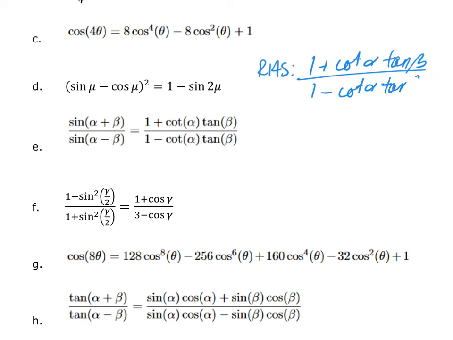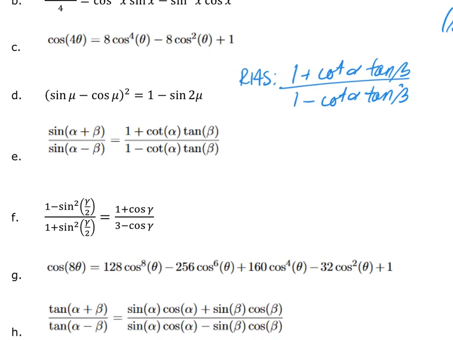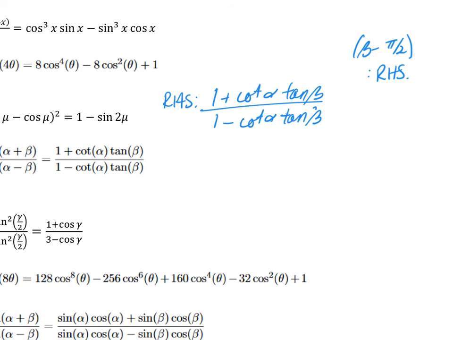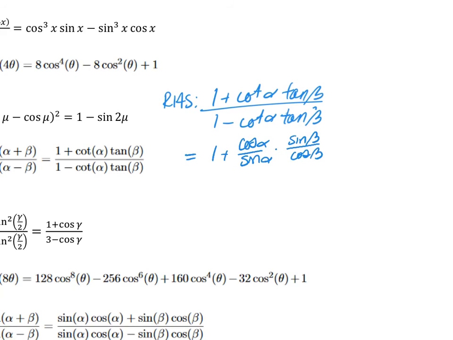So tangent of beta. And what I'm going to do is turn all of the values on the right-hand side into sine and cosine. So this is going to be equal to 1 plus, cotangent is the cosine of alpha over the sine of alpha, tangent is the sine of beta divided by the cosine of beta.